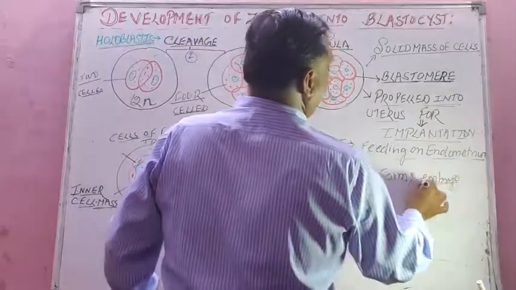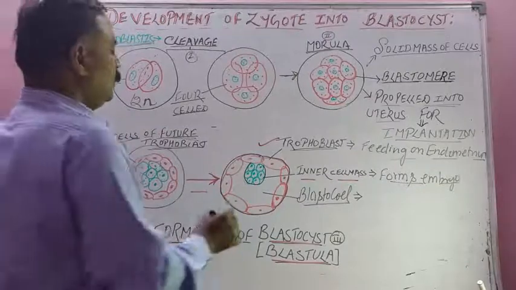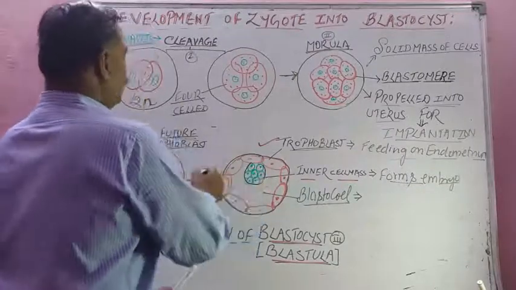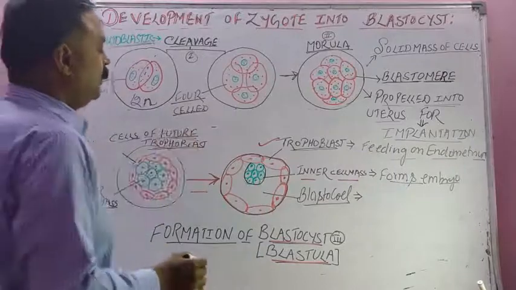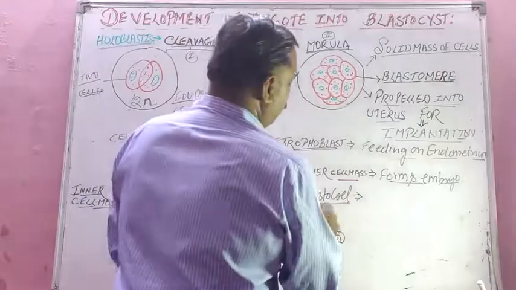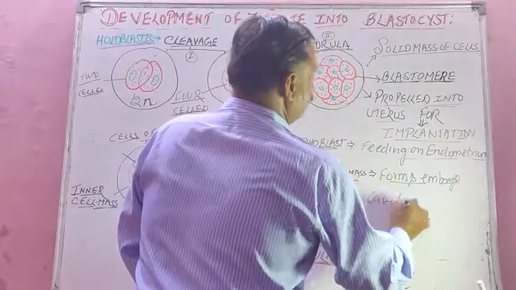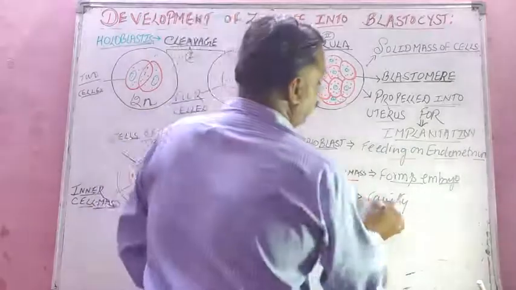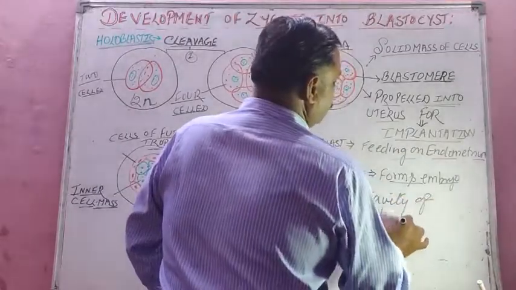part of the embryo. You can say it is proembryonic tissue, and then a cavity develops due to the dynamic rearrangement of these blastomeres. A cavity is left in between, that is called the cavity of the blastocyst, blastocoel.